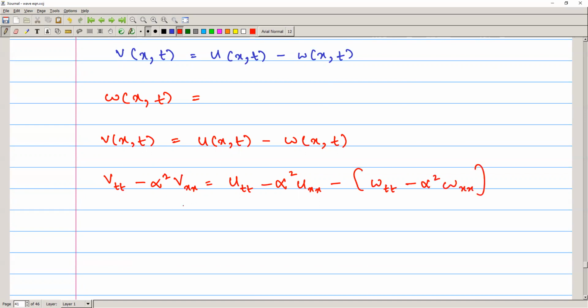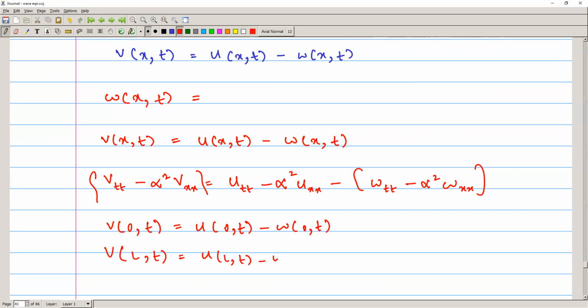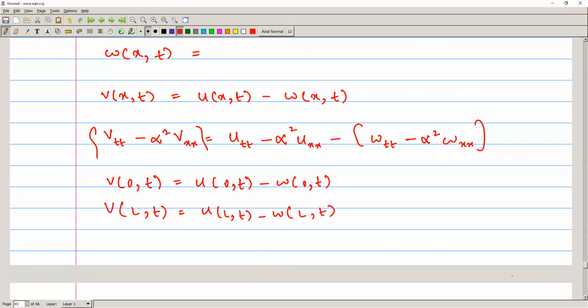So in this way we can find the equation for v(x, t), and then we will use the boundary conditions like this: v(0, t) is u(0, t) minus w(0, t). Then v(L, t) is equal to u(L, t) minus w(L, t).